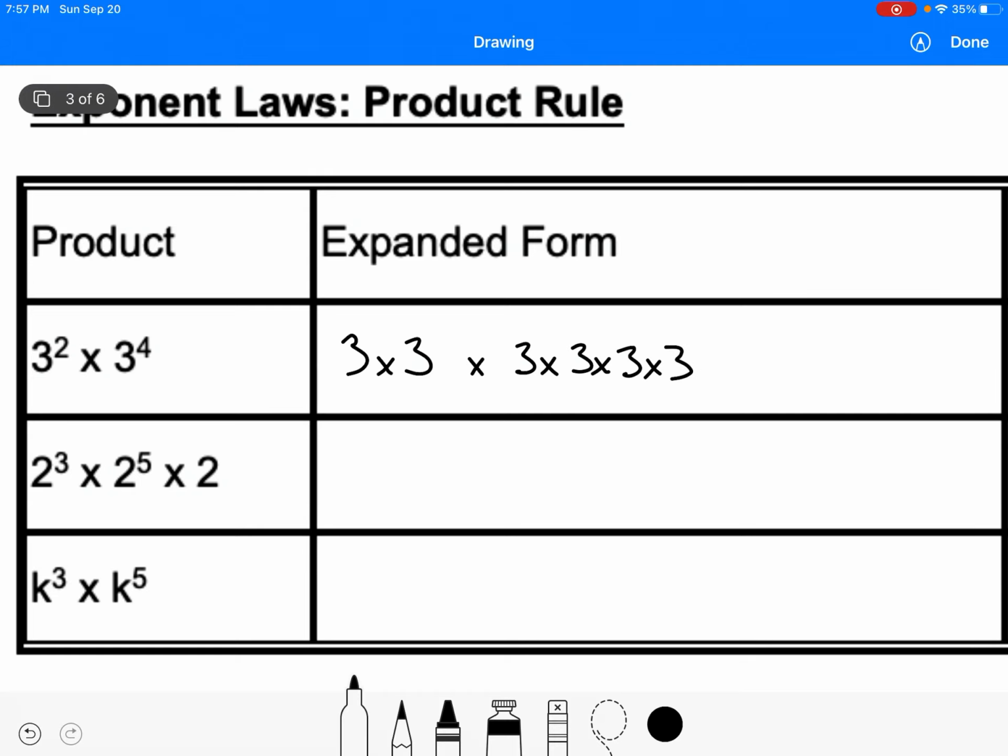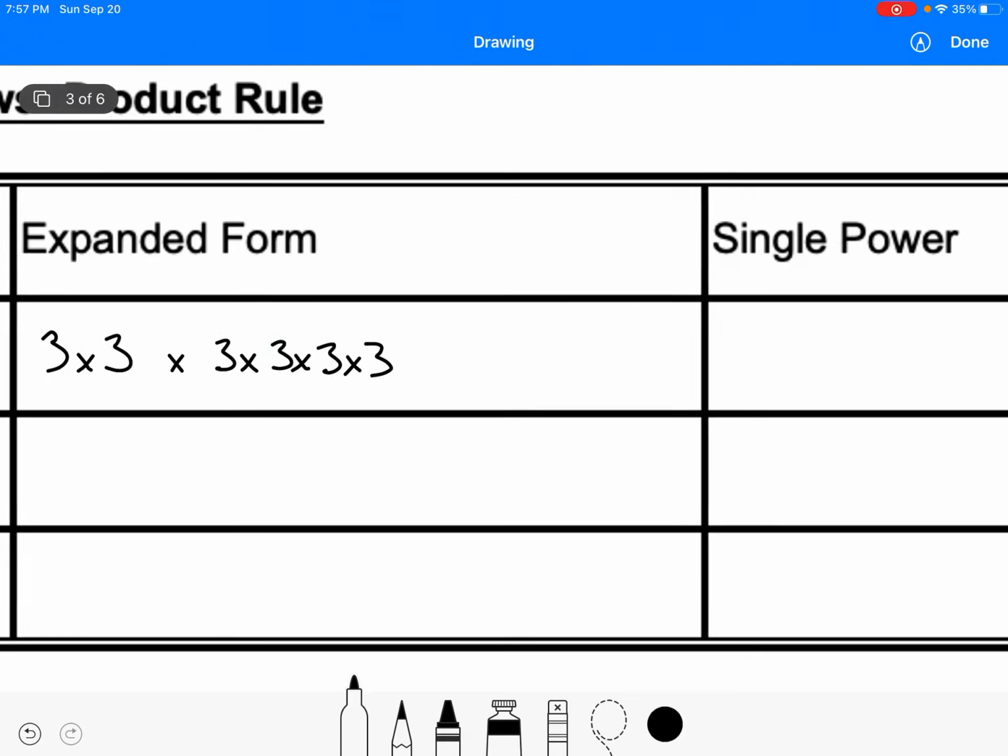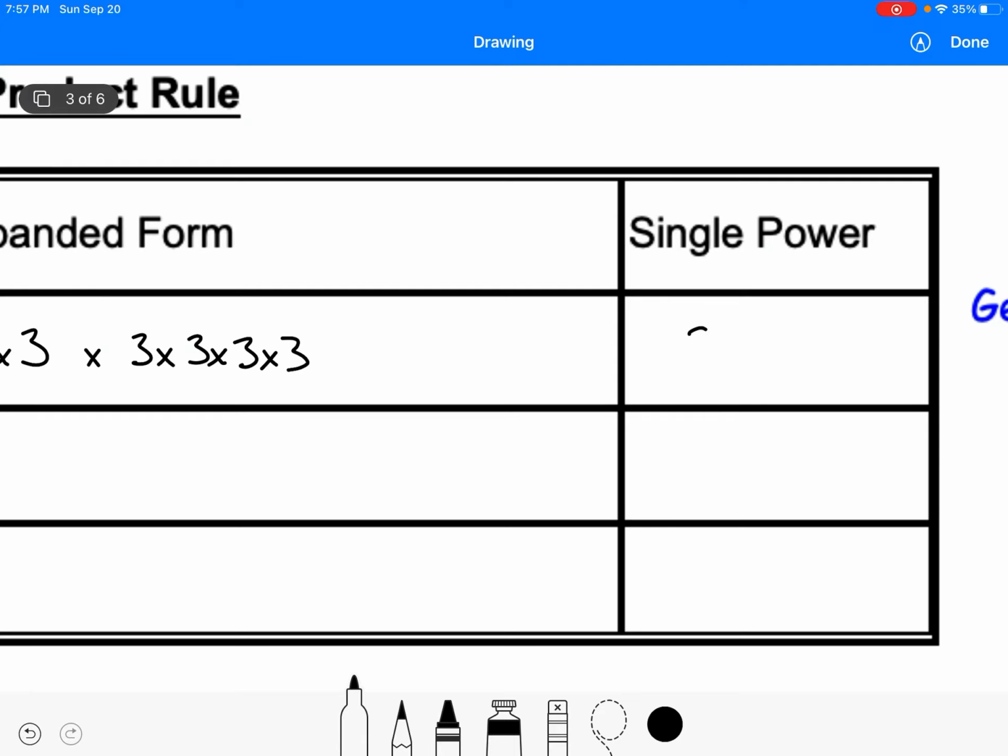Well, really, if I put these brackets in, because that would be what this looks like, it's not actually changing anything. Okay, so I could take these brackets out, and it would still be the same question, because 3 times 3 times 3 times 3 times 3 is still going to give me the same question. So this is actually going to give me 3 to the 6.